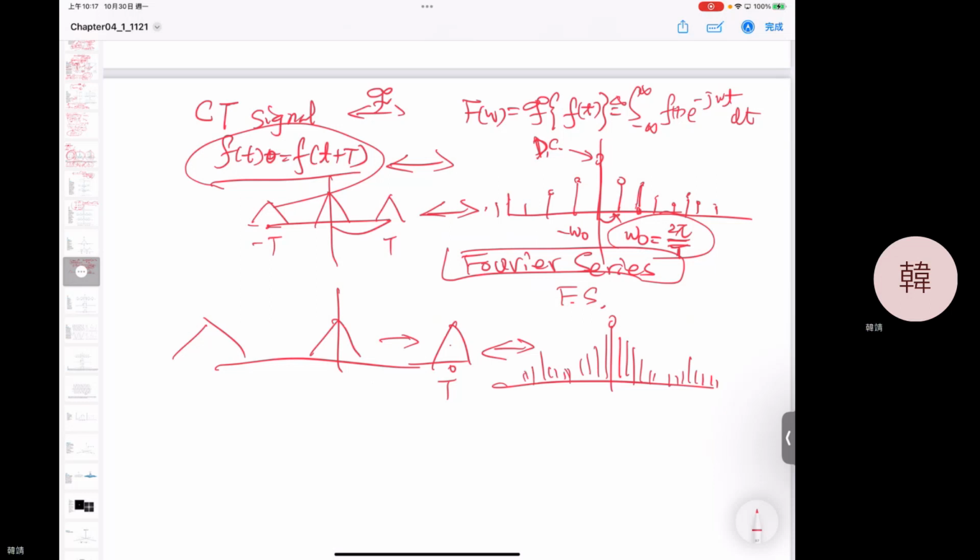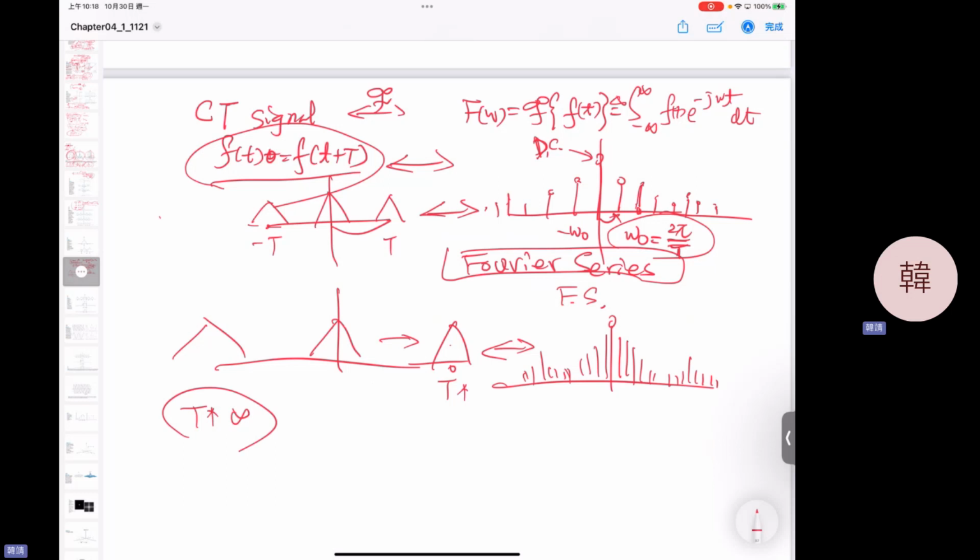Higher density. So if your T increases to infinity, what will happen? Your spike spectrum will concatenate, connect together, right? So in your frequency domain, you will see a continuous Fourier spectrum. Does that make sense? So when your T increases to infinity, what do we mean?